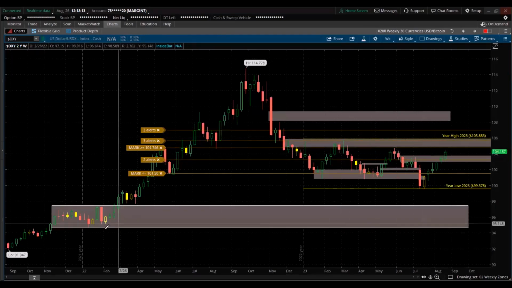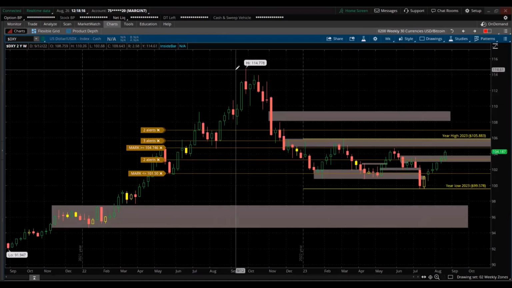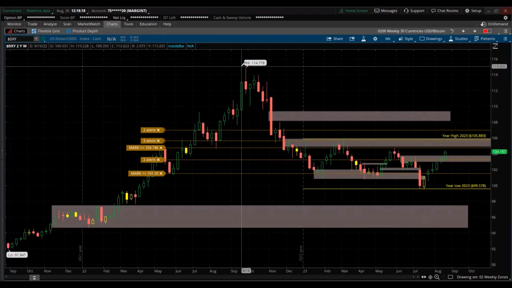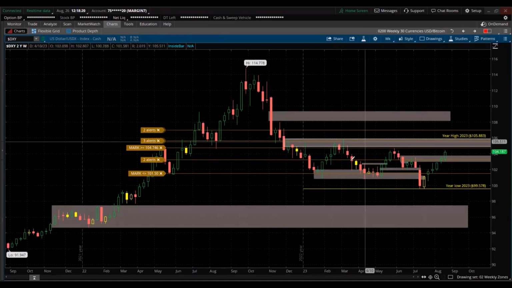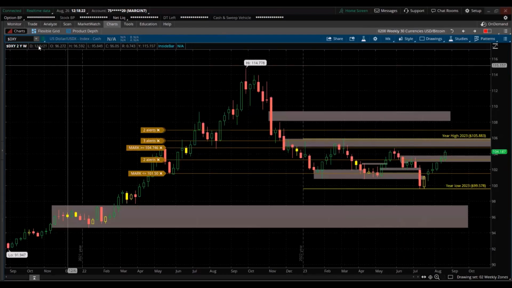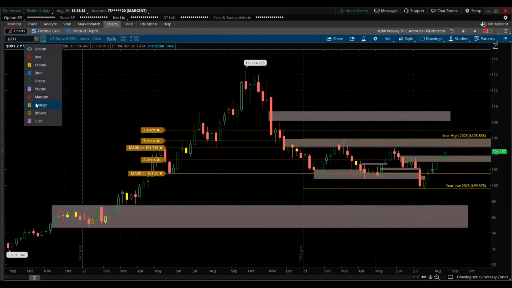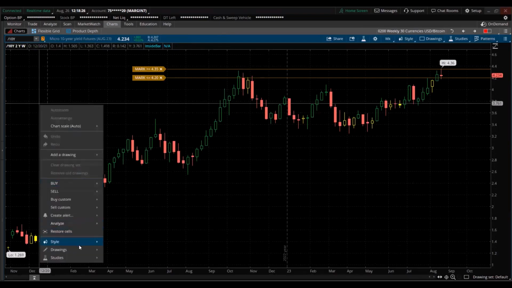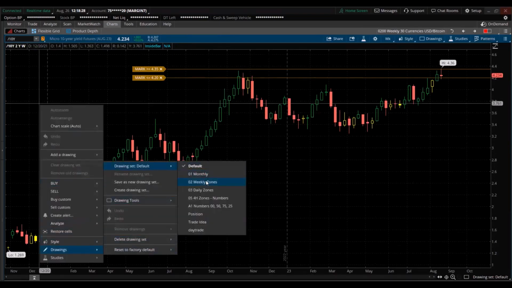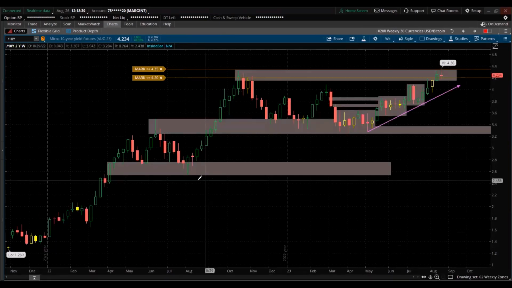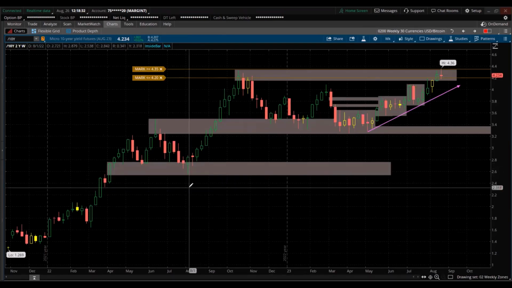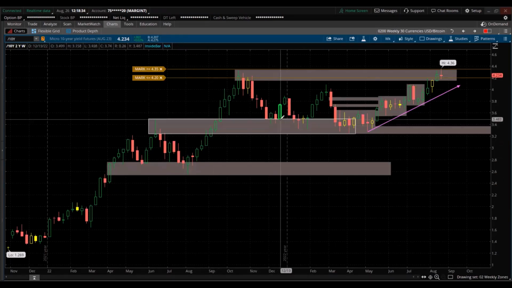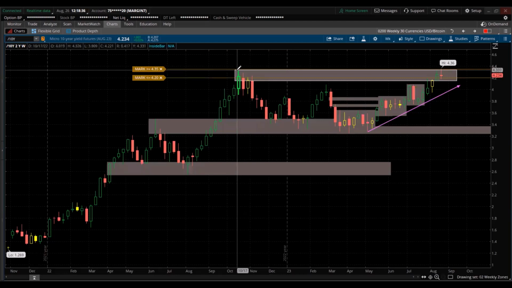And we have not taken out the low of last year. We have not taken out the high of last year or the low of last year, which the correlation of, I'll include this, the 10-year US Treasury took out the high of last year.